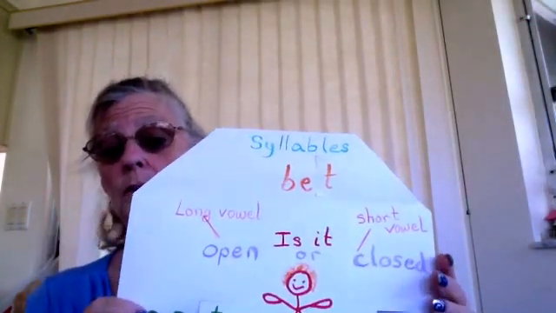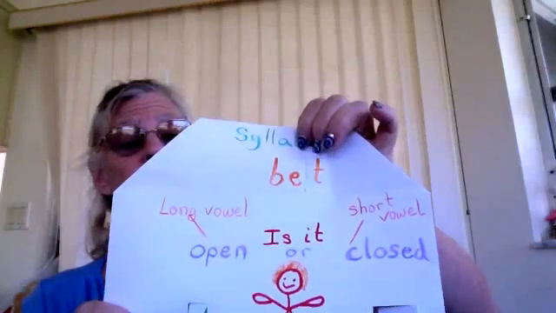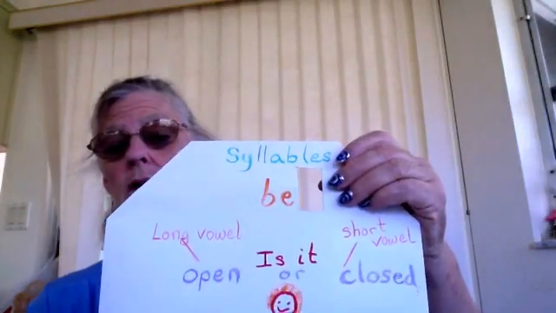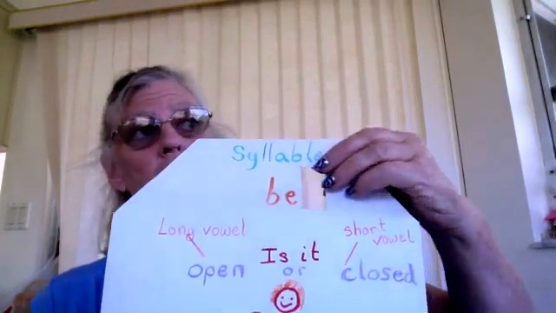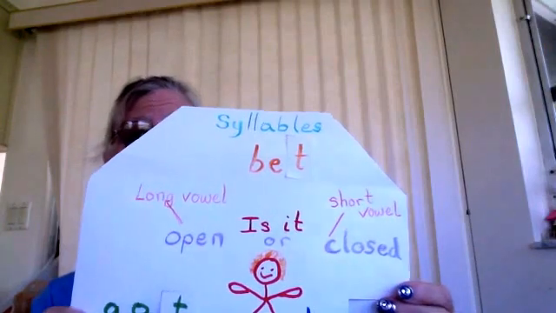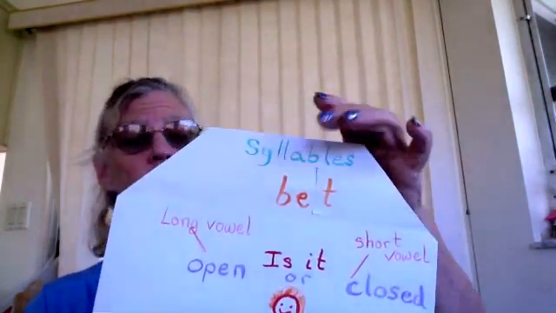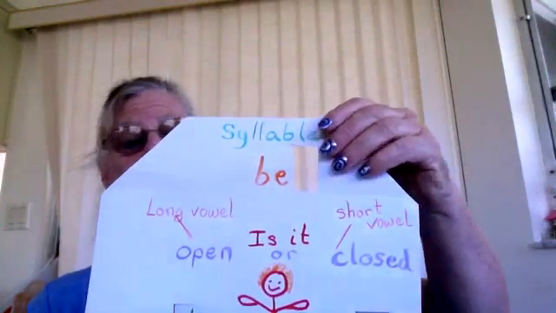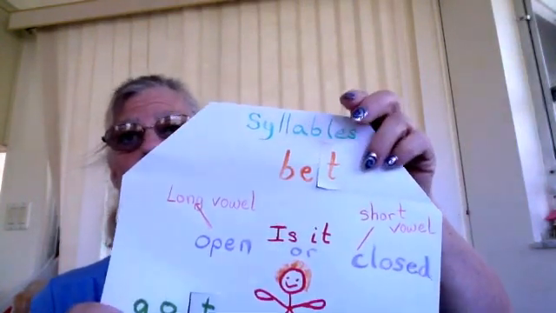So an open syllable is when it ends in a vowel. But if you close the door on the vowel, it becomes a closed syllable. It changes the vowel sound from long in an open to short in a closed.